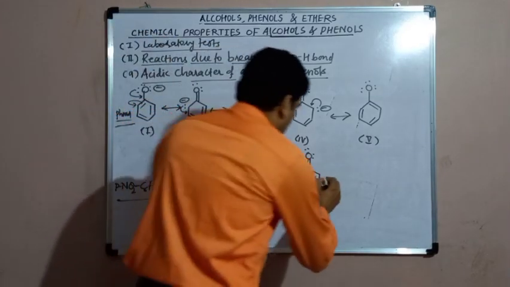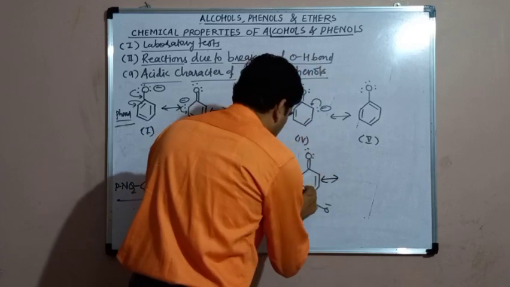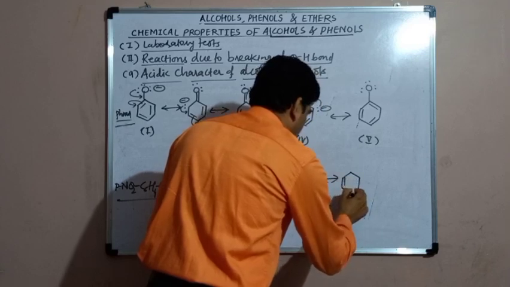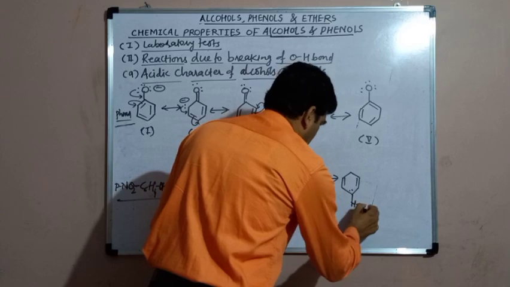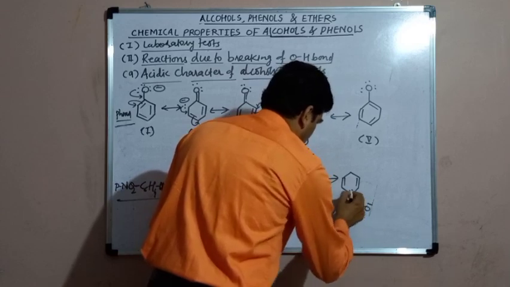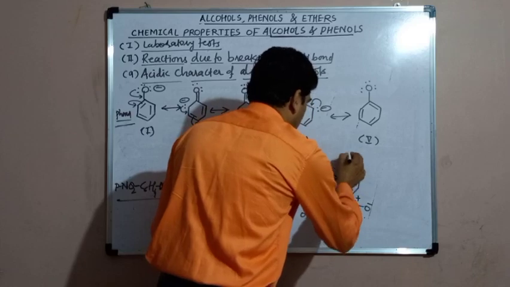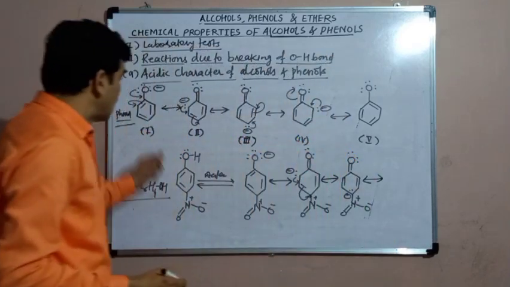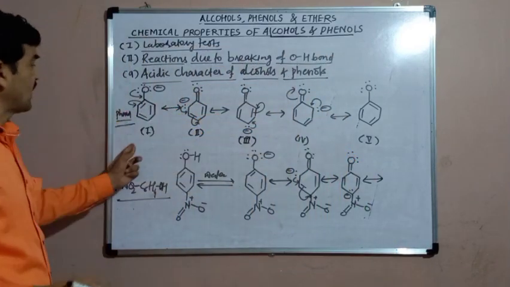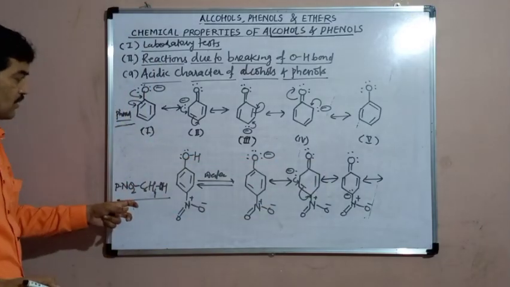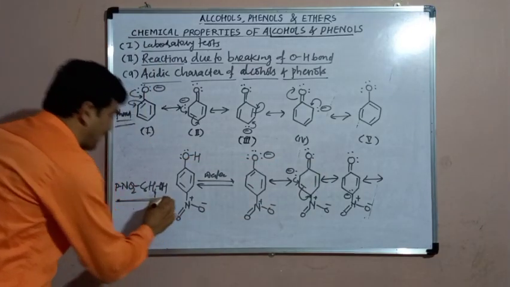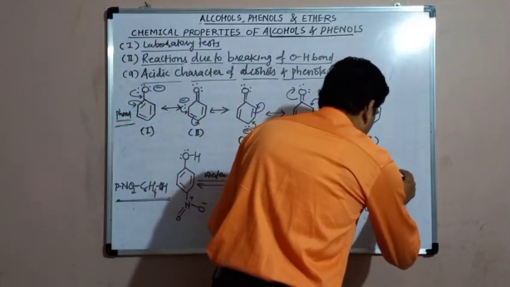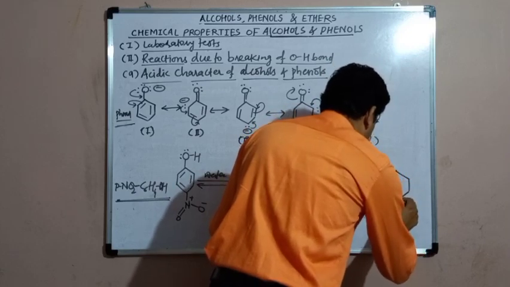This is one resonating structure. Further, this is another resonating structure. The number of resonating structures for the phenoxide ion is 5, but for the phenoxide ion generated from para-nitrophenol, more resonating structures are possible. One more resonating structure is possible here.